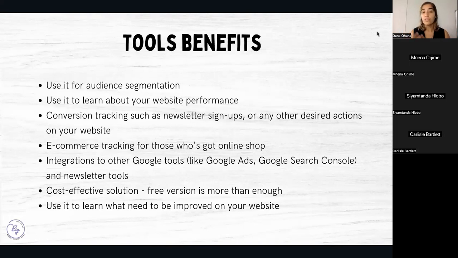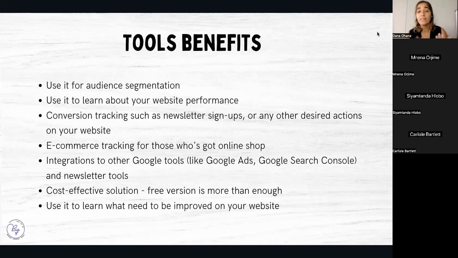You can also do integrations to different tools of Google. As I said, like Google Search, which is your ranking, your Google Ads, and things like that. So there's so many things, even if you do, for example, a newsletter. So MailChimp, for example, you can actually integrate it to Google, and then you link it to Google Maps and to Google My Business, and you get all the information, and then you can see how many sales you actually got from it.